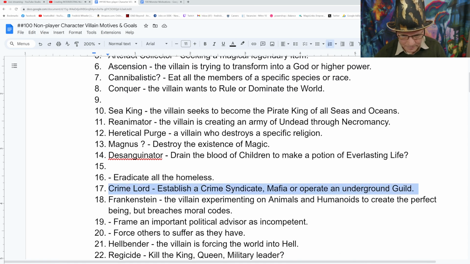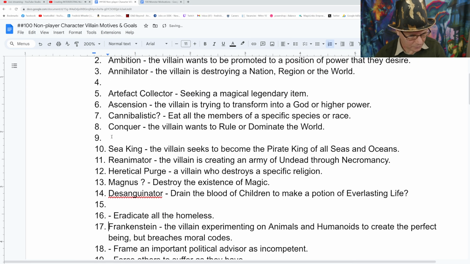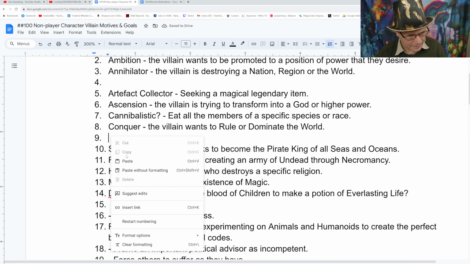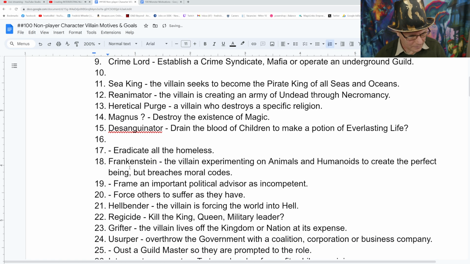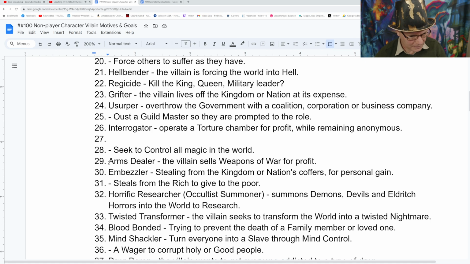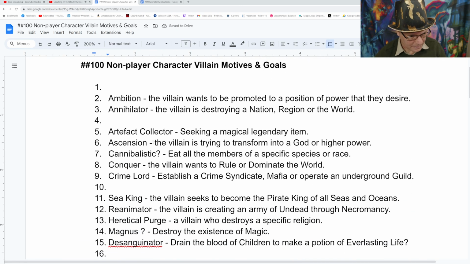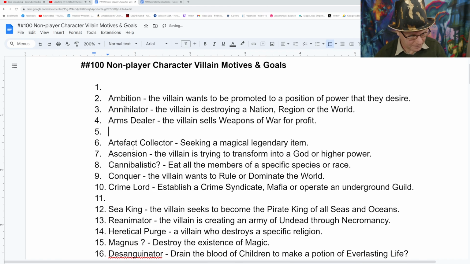Grab this. And cut, paste, Conqueror, R. Paste. Grifter, outer, no. Arms dealer, grab the arms dealer. Arms dealer. Should go up about there.